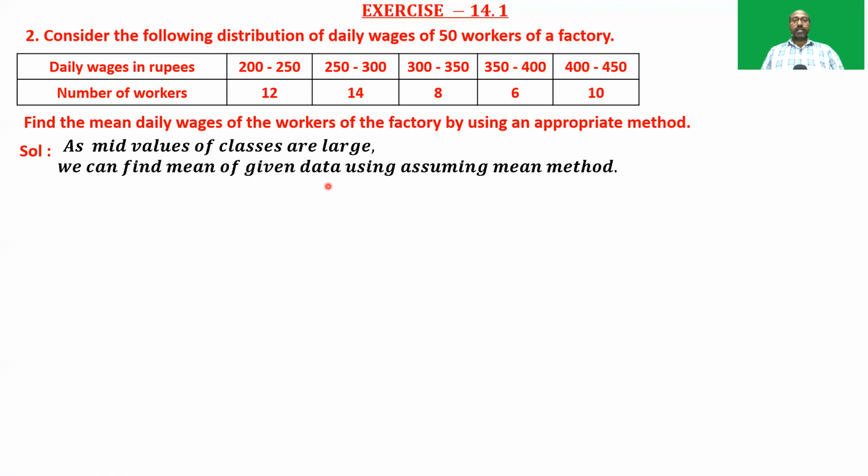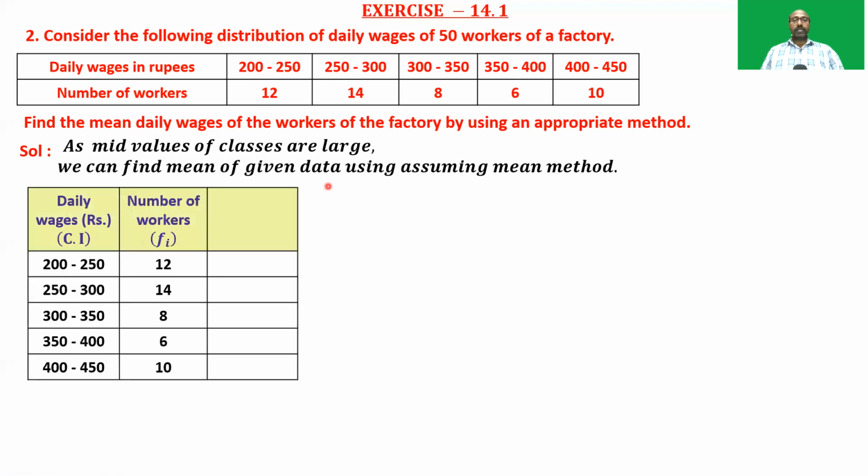So let us take the first two columns as they are. Daily wages are class intervals and number of workers are frequencies of class intervals. And the third column is class marks. So class mark of 200 to 250 is 225.